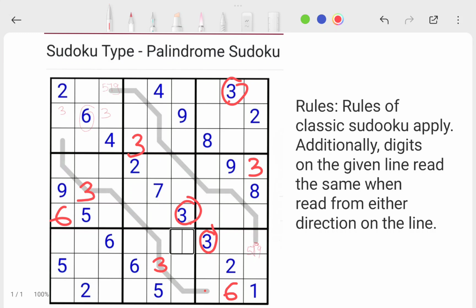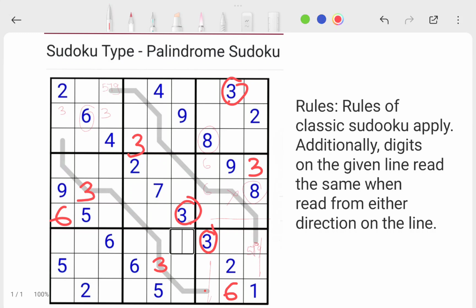Now from the classic rule, we can block these cells for 6 and this 6, so 6 will come in either of these two cells. Now check the palindrome. We can place 6 here, it's possible. Now with the classic rules, because of these two 8s, we can simply block these two cells for 8.